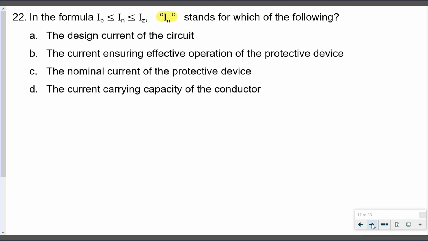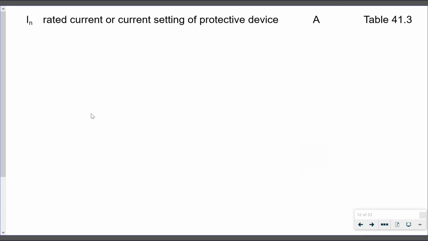So at which point we want to look at symbols within part 2, at the end of part 2, at the front of the book. So in symbols, we'll run down, look at IN. When we get to IN, you'll see that it says it's the rated current or current setting of a protective device in amperes, and we find it in table 41.3.